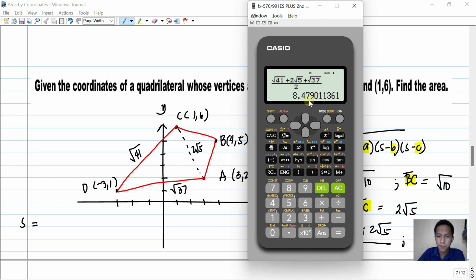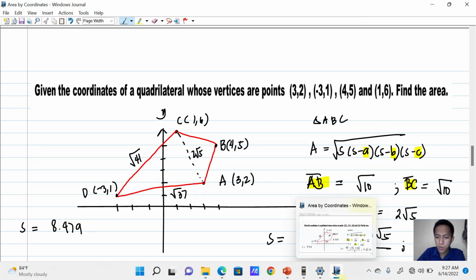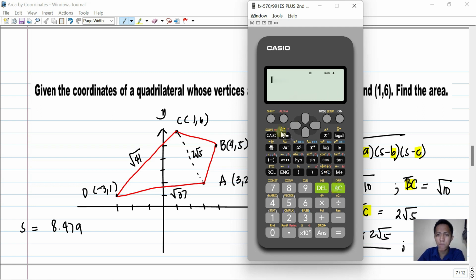It gives you this value, 8.479. But that's not the exact value, so we can actually store it. Shift store in B. So it is now in letter B.